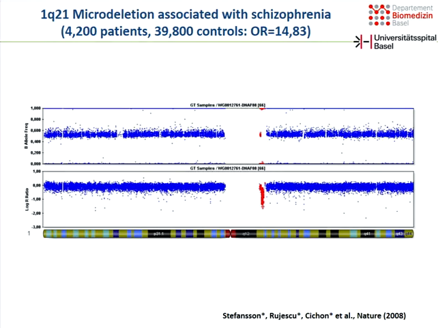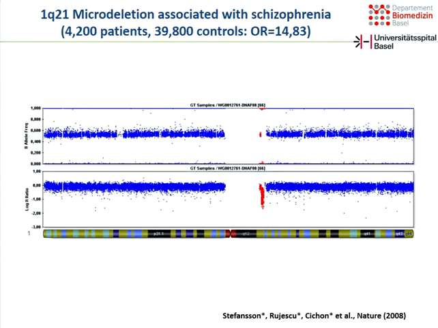You see the SNP signals, and usually they have a certain height. If you have two alleles, then you see a certain signal intensity. And then there may be positions in the genome, like here on chromosome 1q, where you have a drop in signal intensity over many consecutive SNPs. That indicates in this position there is a microdeletion.